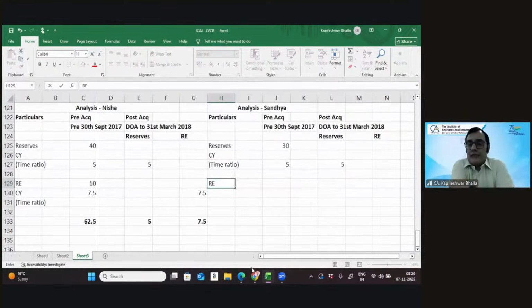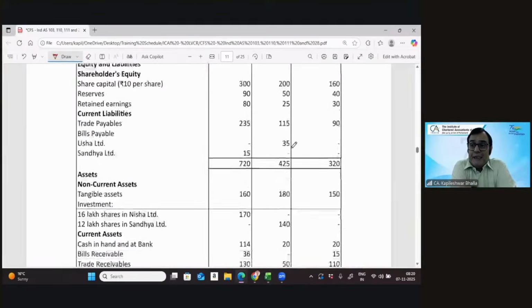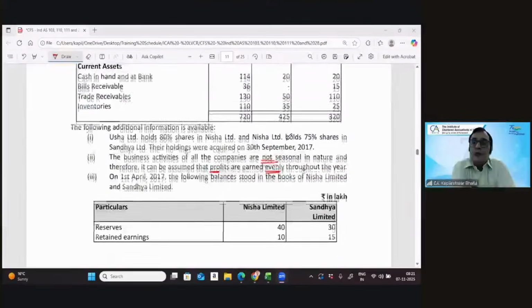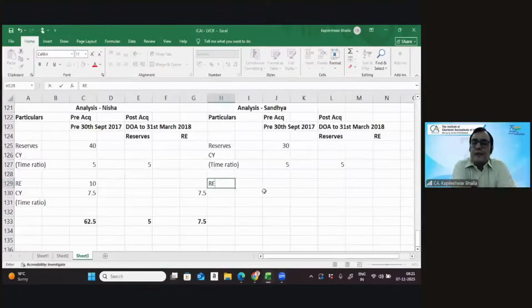Similarly, we can go for the analysis of RE as well. The RE is appearing in the balance sheet at 30, and the RE given in the additional information is 15. So you can easily define that 15 becomes pre-acquisition, and the increase of 15 is in the time ratio.